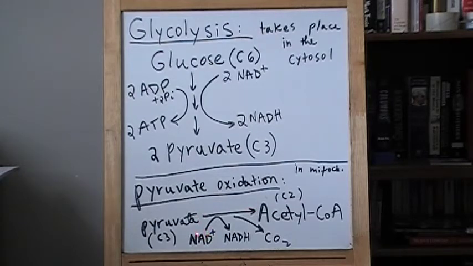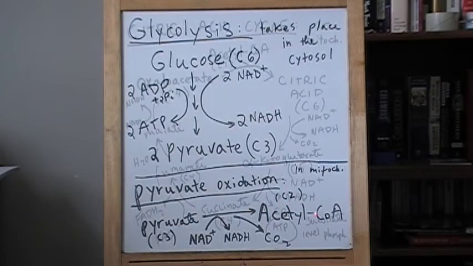So NAD+ extracts electrons from the pyruvate and becomes NADH. And also, there's removal of one carbon as CO2 gas. So you go from a 3-carbon pyruvate to a 2-carbon acetyl molecule. And there's also a coenzyme that's added to the acetyl called coenzyme A.